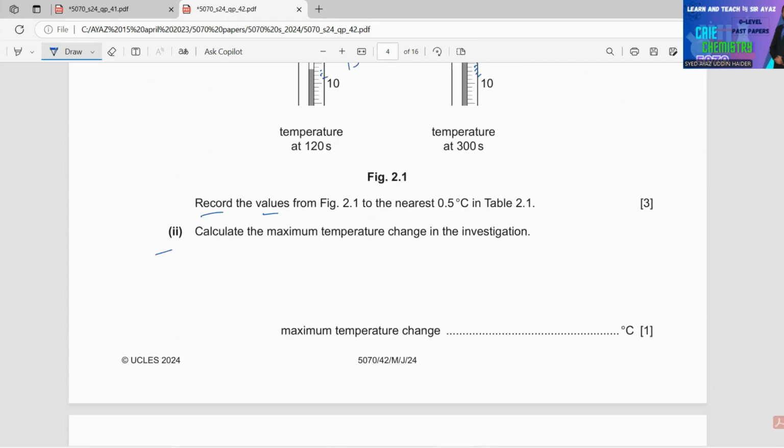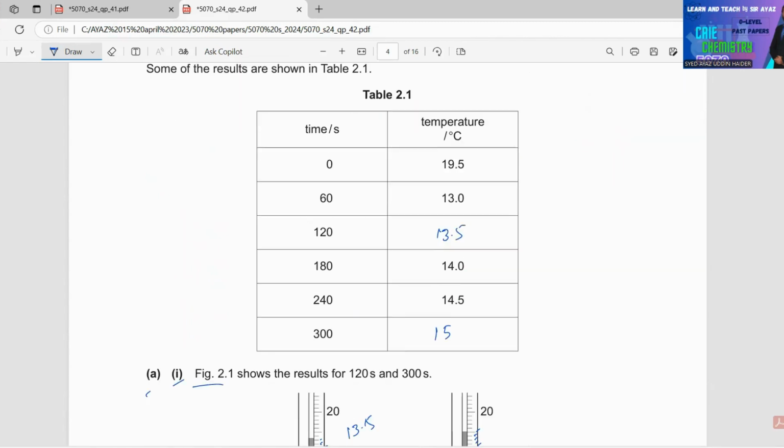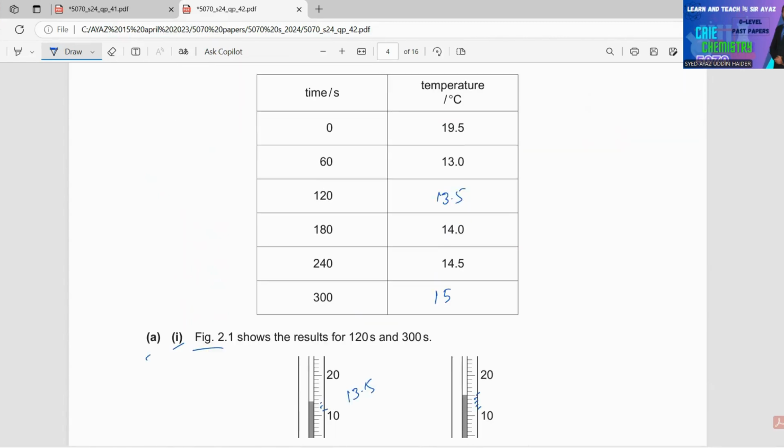2. Calculate the maximum temperature change in the investigation. Maximum temperature change. It must be 19.5 minus 13. Lowest is the 13.